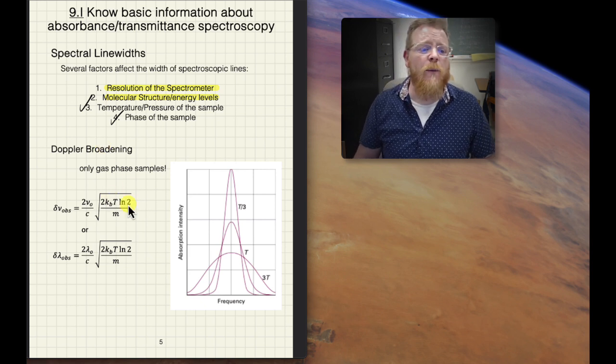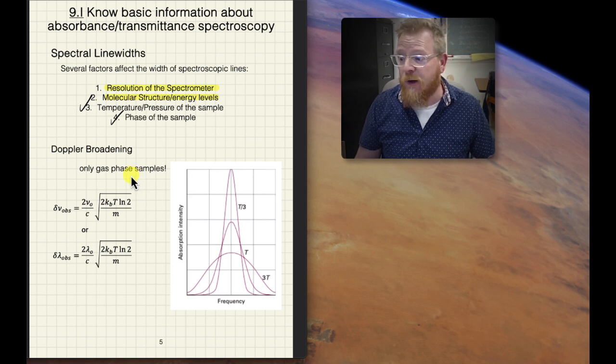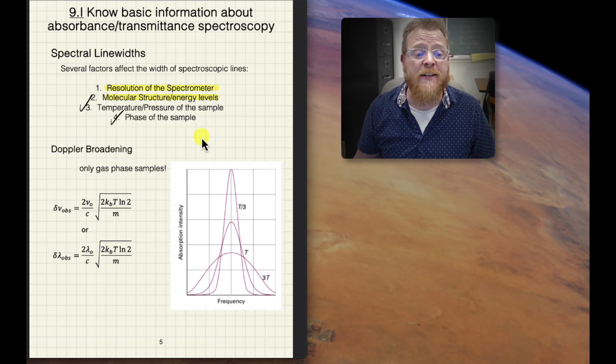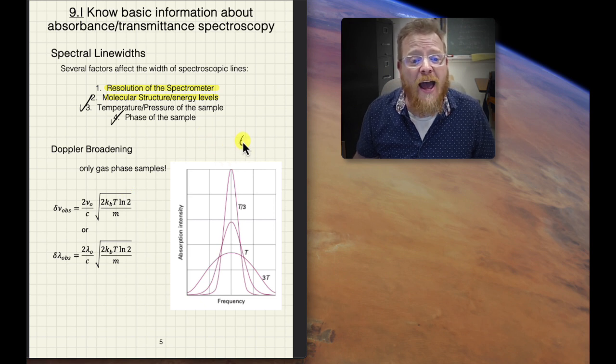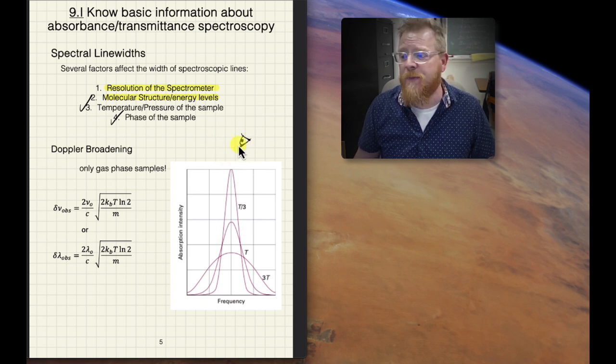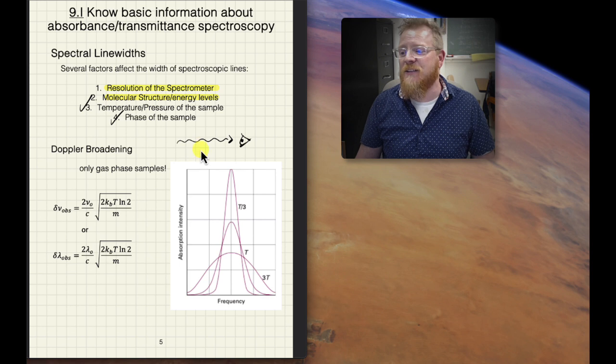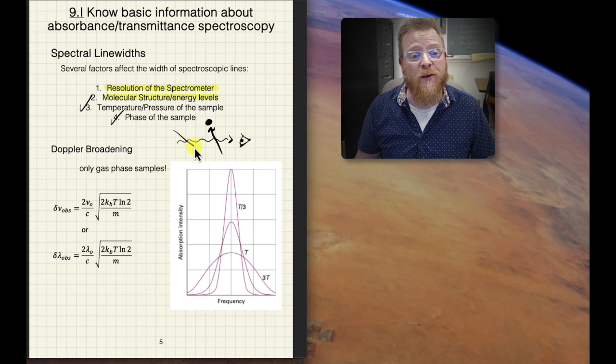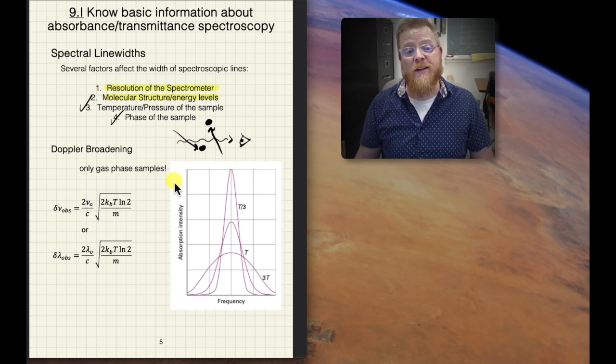The first thing that I want to talk about is Doppler broadening, which is related to gas phase spectra only. This is based on the Doppler effect. As you might imagine, if we have our detector right here and our beam of light is coming in, our transmitted beam, in the gas phase we might have molecules moving away from us, or molecules moving towards us.